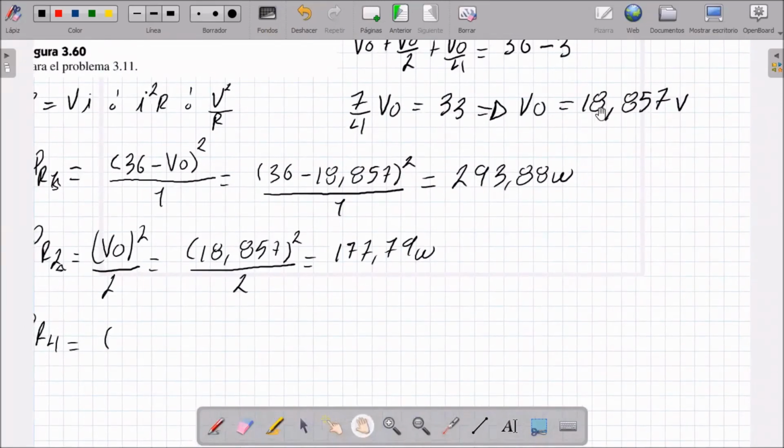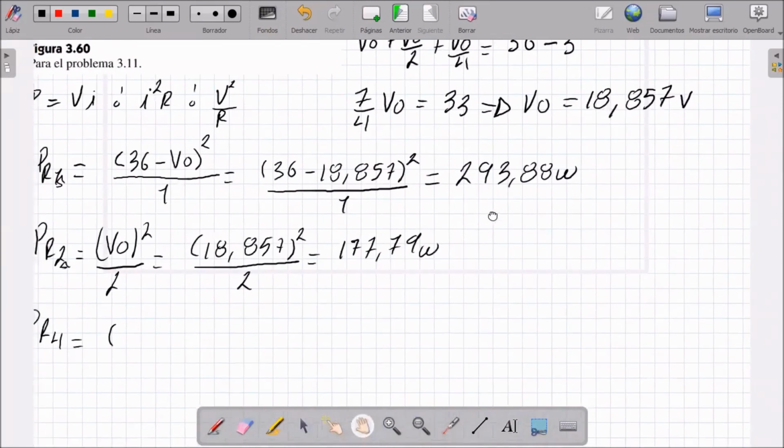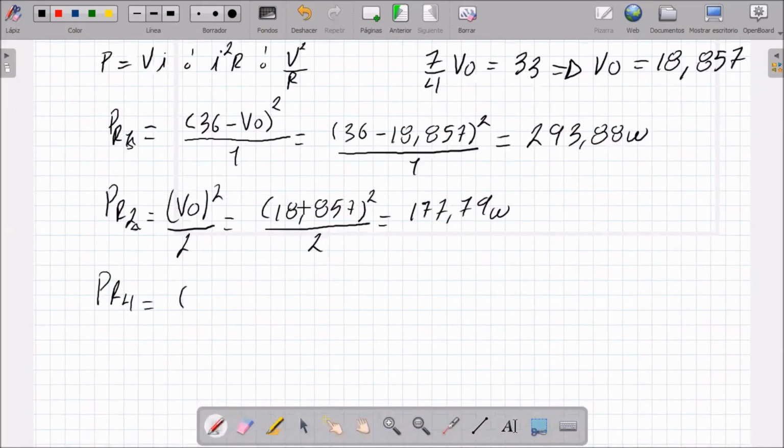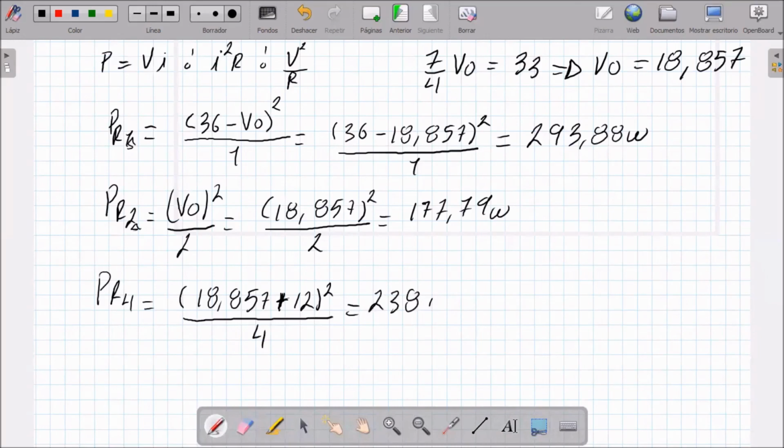The V0, 18.857 plus the 12, 18.857 plus 12, squared over the 4 ohms of the resistance. And that gives me 238 watts.